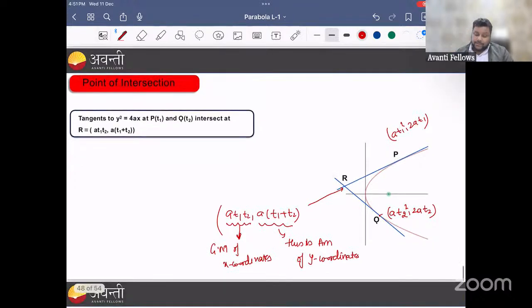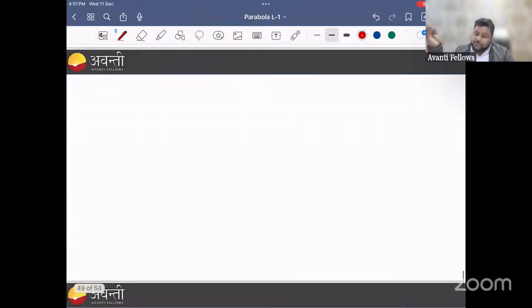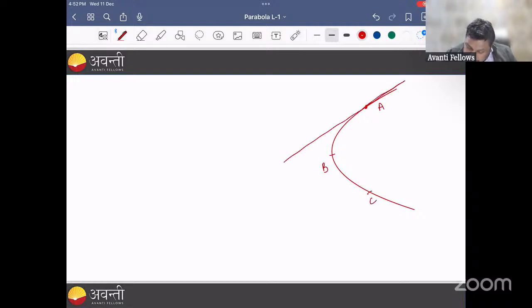Understood? So this is also something very important to remember. Now see, there is also a property. Now this is a parabola. You take 3 points on this, A, B, C. Now you draw 3 tangents at these 3 points.